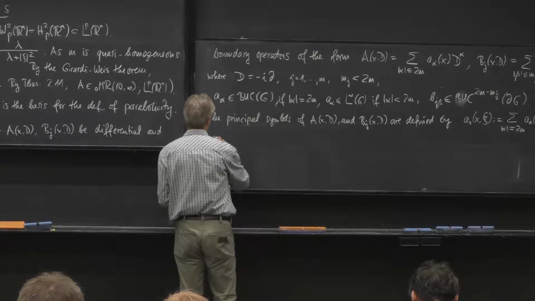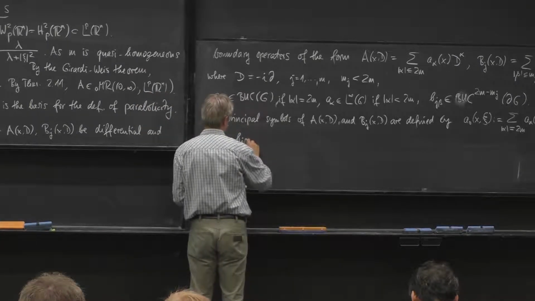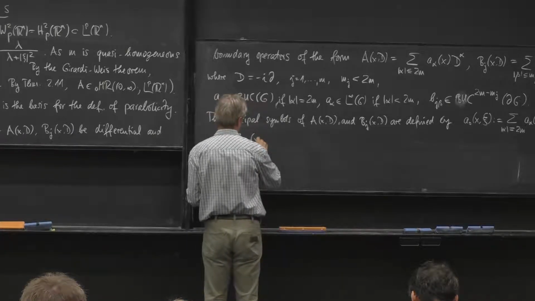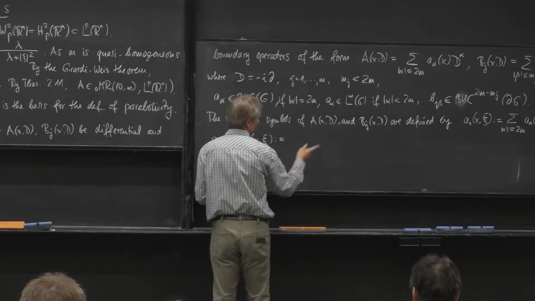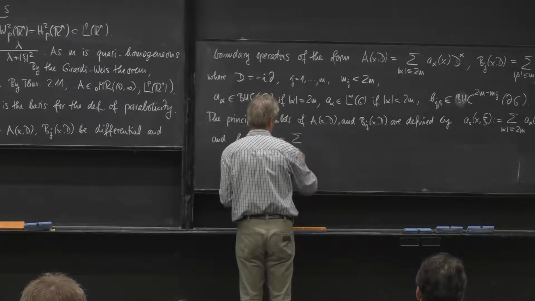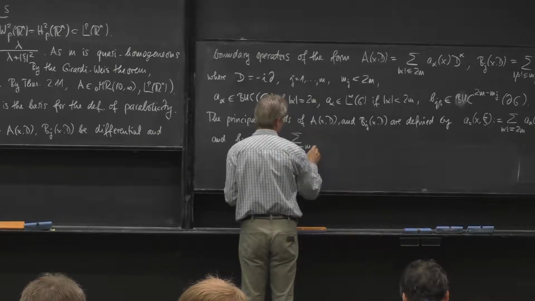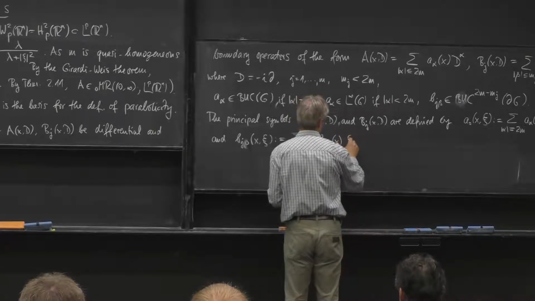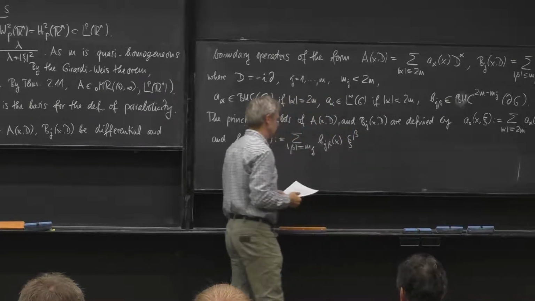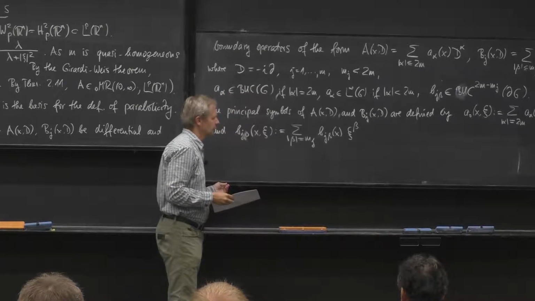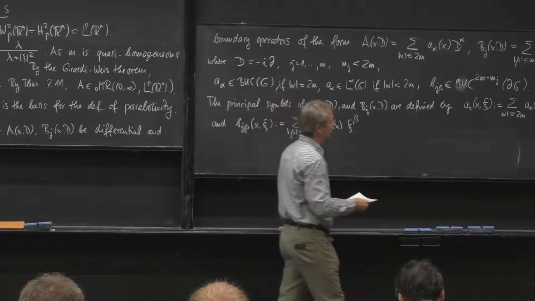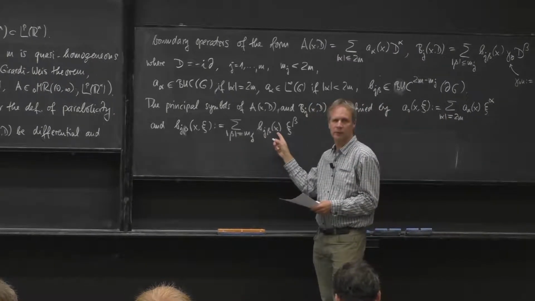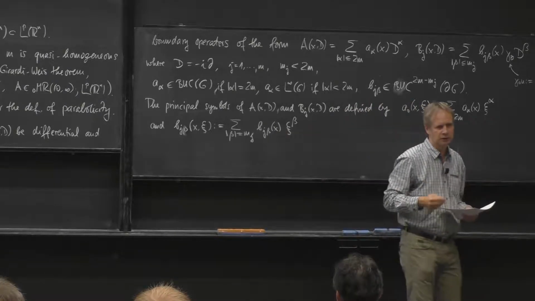And the same for Bj0 of x and xi, defined as the sum over beta equal mj. So I omit lower order terms, and I have x, xi to the beta. Okay, so this is of course defined if x is in G, xi is in Rn. This is defined if x is on the boundary and xi is in Rn.